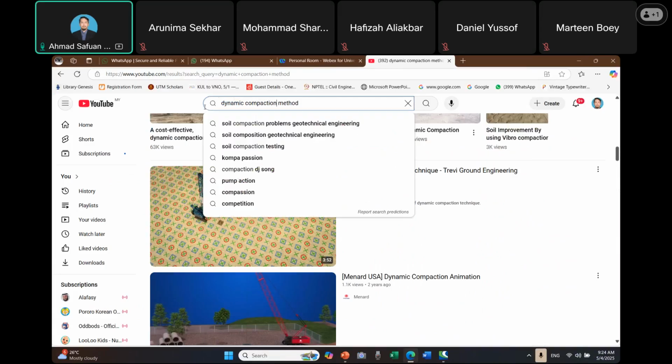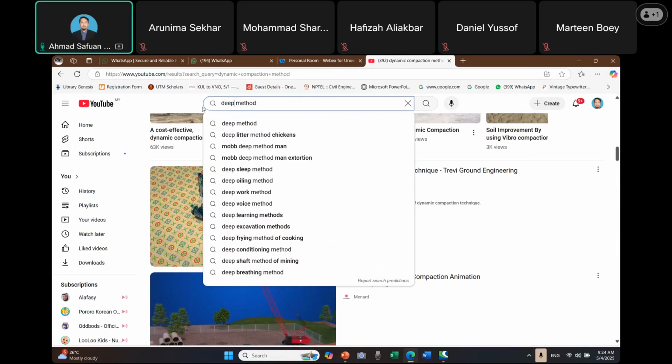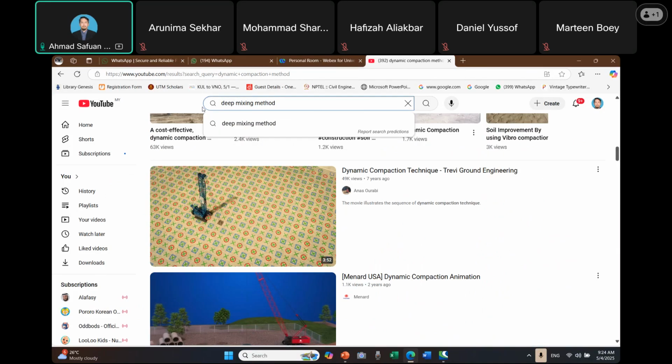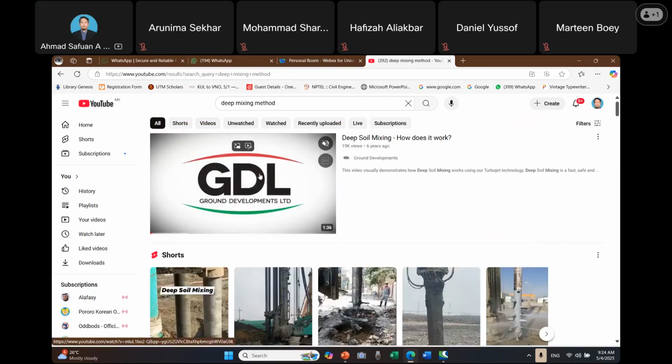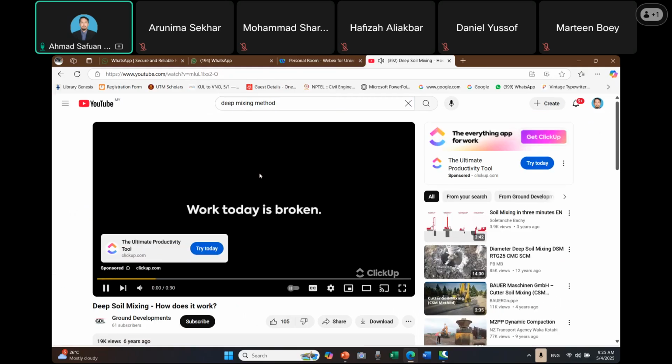Or the soil mixing method. So this is the deep mixing method.